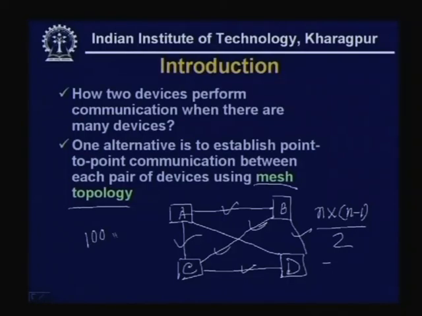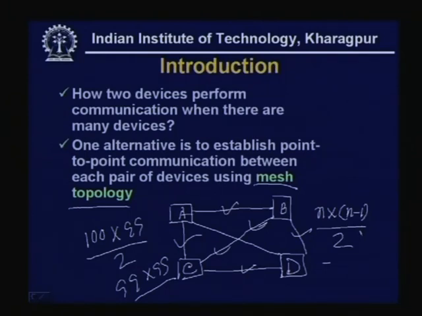For example, if you have got 100 nodes, then you will require 100 into 99 by 2 links, that means 99 into 99, so many links will be necessary to establish communication from any node to any node or any station to any station.